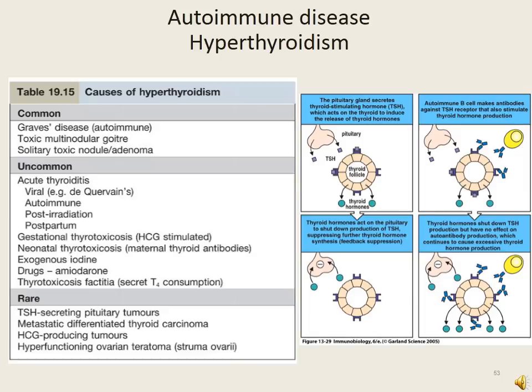Okay, and the thyroid hormone will feed back at the pituitary gland to stop the synthesis of thyroid stimulating hormone, but the receptor on the thyroid gland is still activated by the autoantibody, and then more and more, continuous secretion of thyroid hormone occurs.